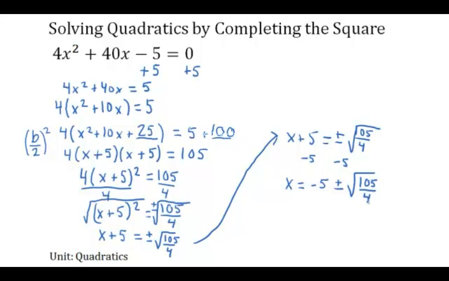Now from here you could decide whether you want a decimal answer, something that wouldn't be in exact form but maybe more useful. Then you'd take negative 5 plus the square root of 105 divided by 4, and then negative 5 minus the square root of 105 divided by 4, to get two different answers. But for right now, we'll just leave it in exact form and call it good.